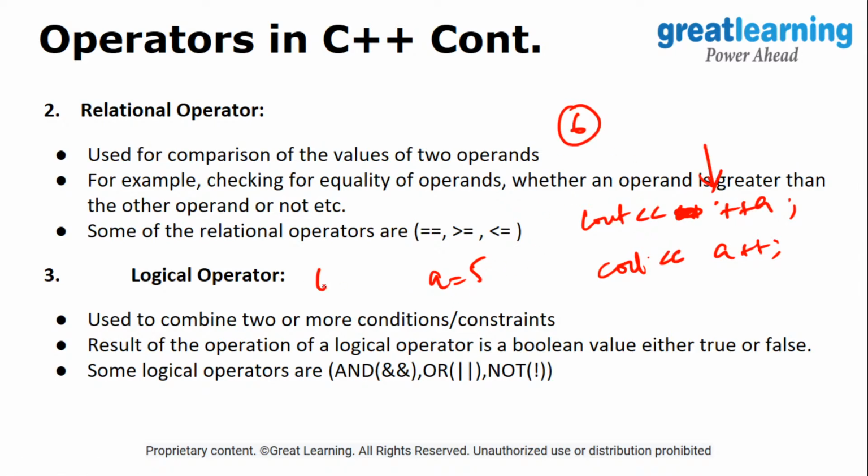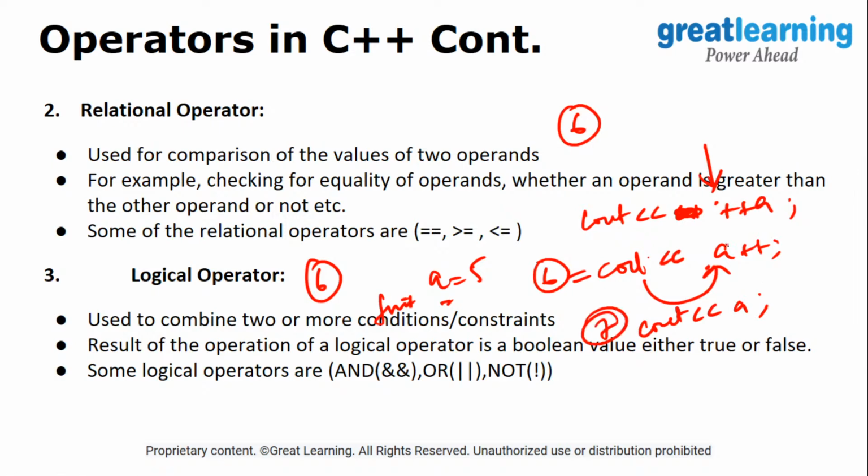So here you will get your value as 6, as expected. But in a plus plus, it means first assign the value and then increment. Here you will get the output as 6 and not 7. But if you print a in the next line, you will get 7, because here we assigned it first and then incremented it.